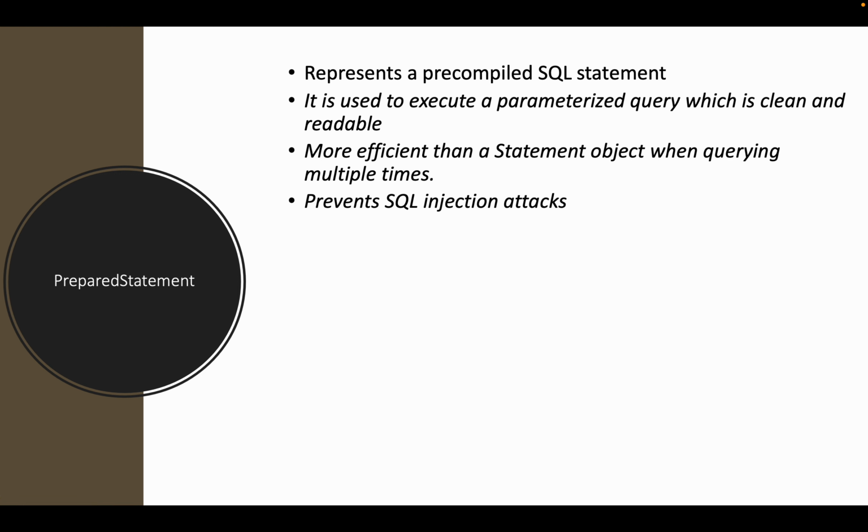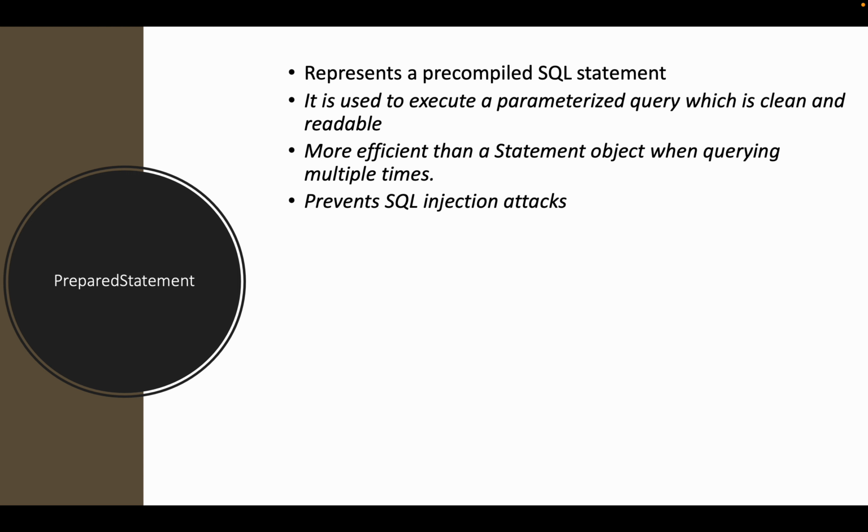Then there's PreparedStatement. We saw that it inherits from Statement, and it represents a pre-compiled SQL statement. It is used to execute a parameterized query, which is clean and readable, and more efficient than a Statement object when querying multiple times. Why? Because of pre-compilation of the SQL statement.